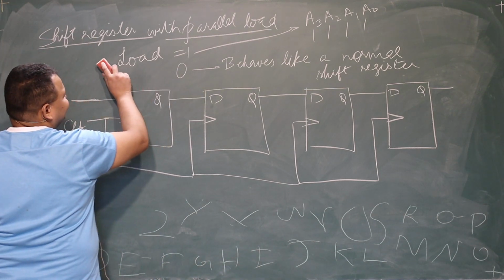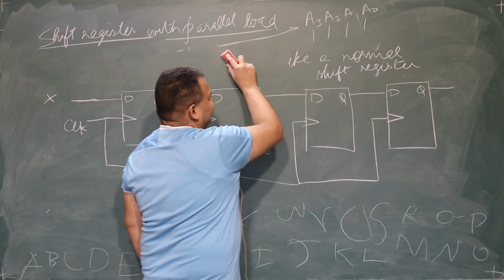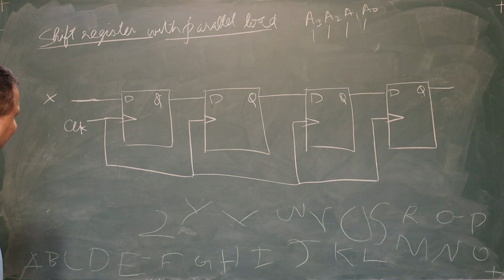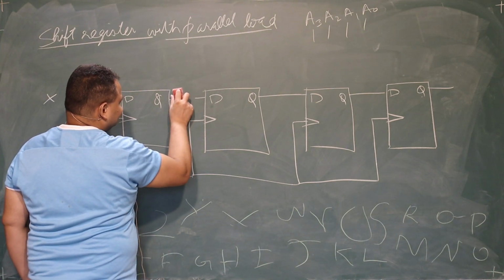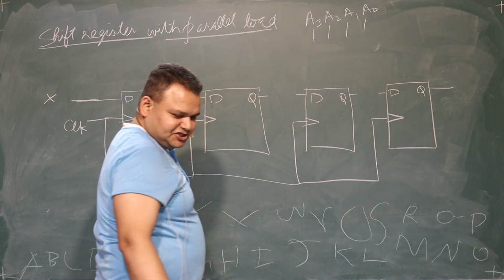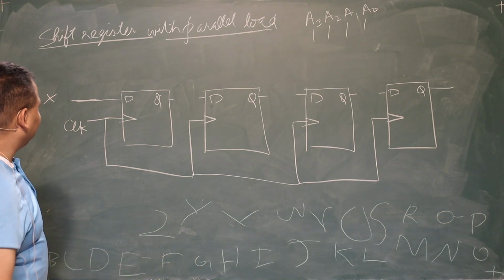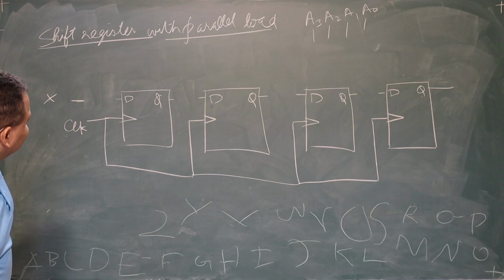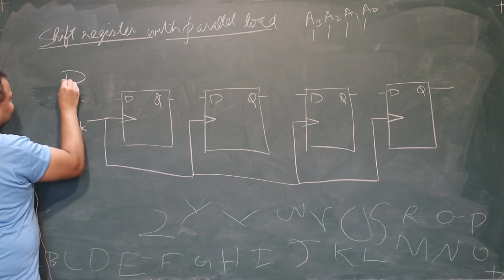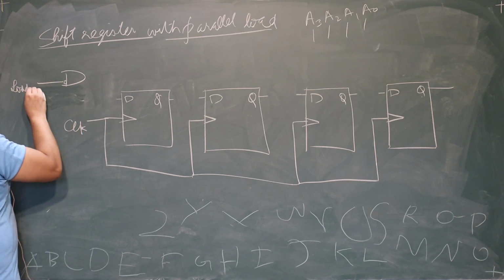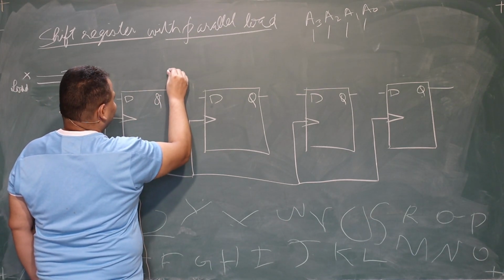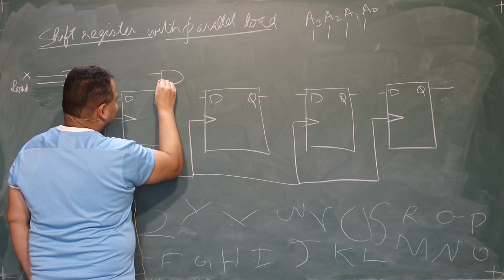So I'm going to erase the description here because I need the space. When load is equal to 0, it should just behave like a normal shift register. So what does a normal shift register do? When load is equal to 0, this is your load, and you AND it with your initial input, which was X. Similarly, you'll have an AND gate here.